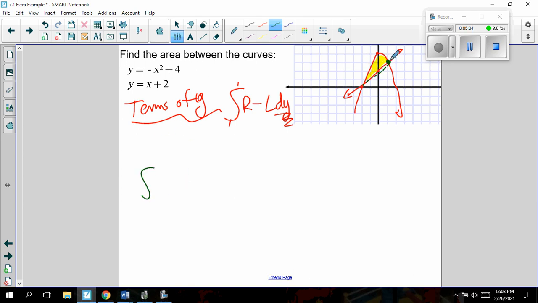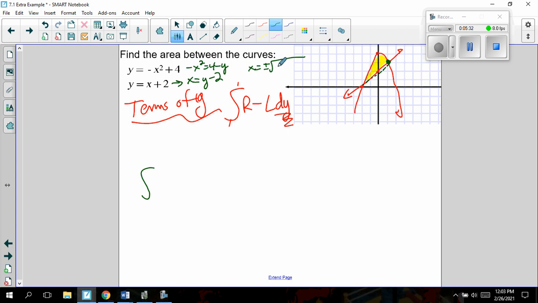Okay, so to start off, like we said, it's the line. I do need the line to be in terms of y, or x equals. So this thing is x equals y minus 2. Just for the sake of solving, I'm going to do this one too. So I would have negative x squared equals 4 minus y, which would then give x equals the plus or minus square root.